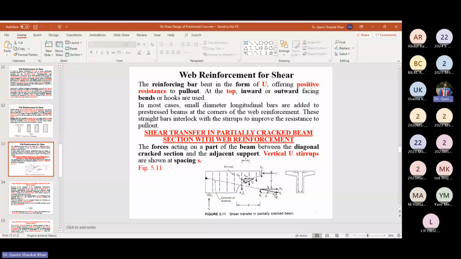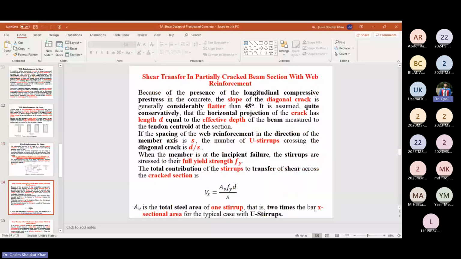Everyone agrees to this point? Okay. So it is quite conservative that the horizontal projection of the crack has taken length d equal to the effective depth of the beam measured to the tendon centroid of the section.